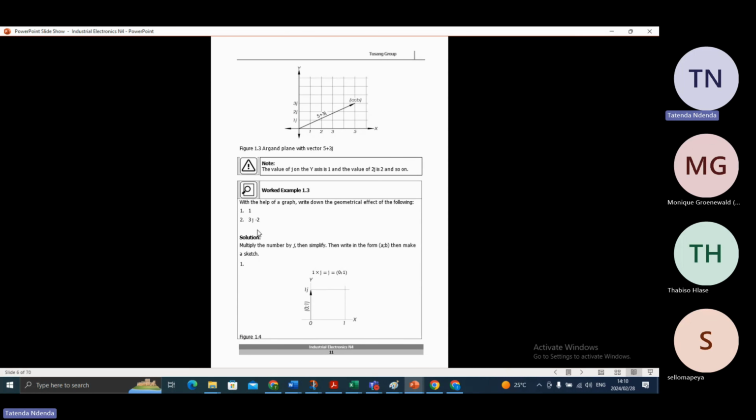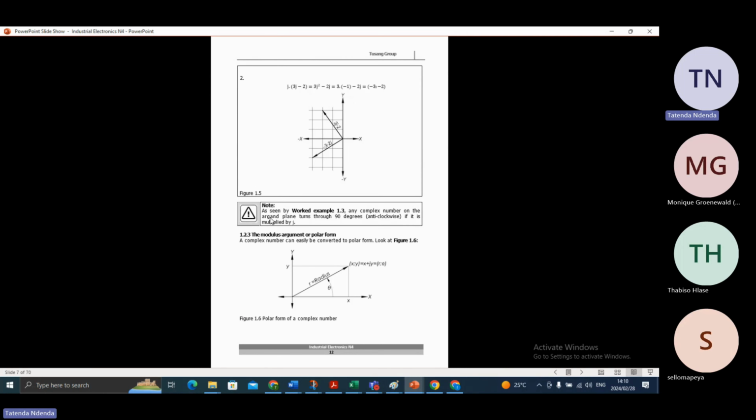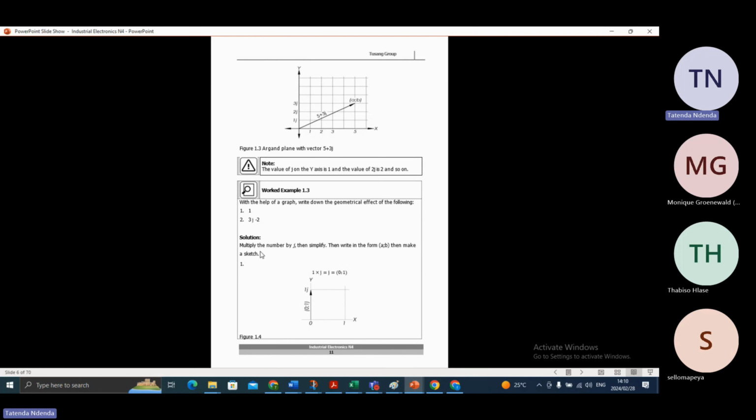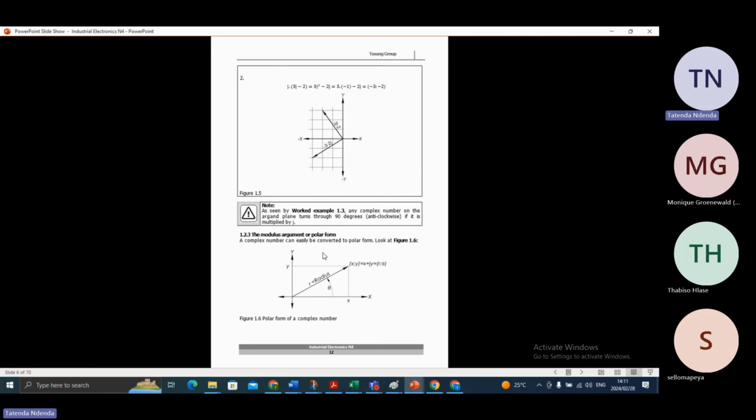So let's say, for example, they give us something like: with the help of the graph, write down the geometrical effect of the following. So we have 1 and we have 3 minus j. Okay.